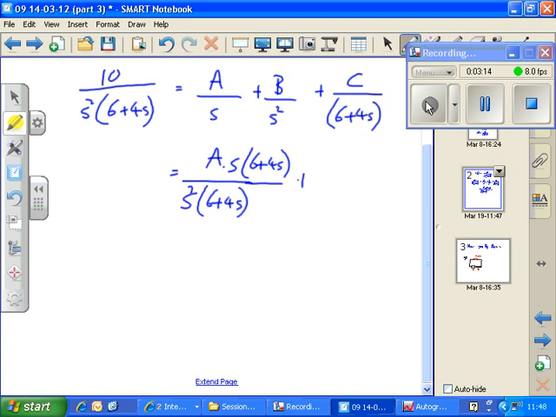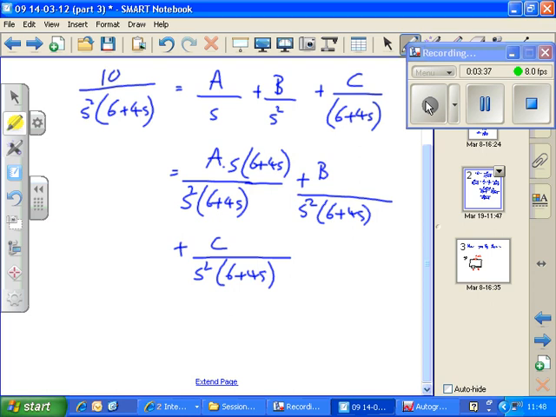Similarly for the second term, what have I got to multiply the top by to get the factor s squared into 6 plus 4s on the bottom? And what do I have to multiply the last term by to get s squared into 6 plus 4s on the bottom? Well, this one I need to multiply by 6 plus 4s, and this one I need to multiply by s squared.